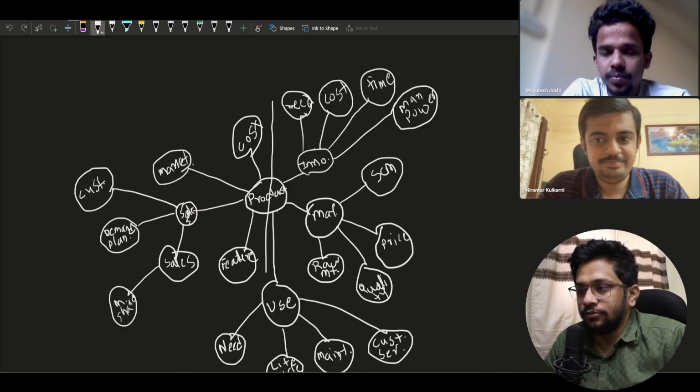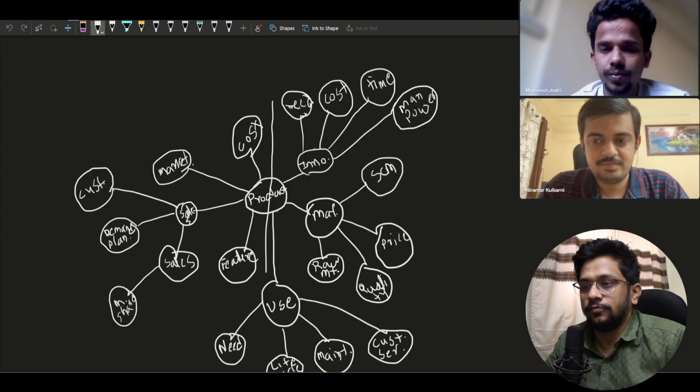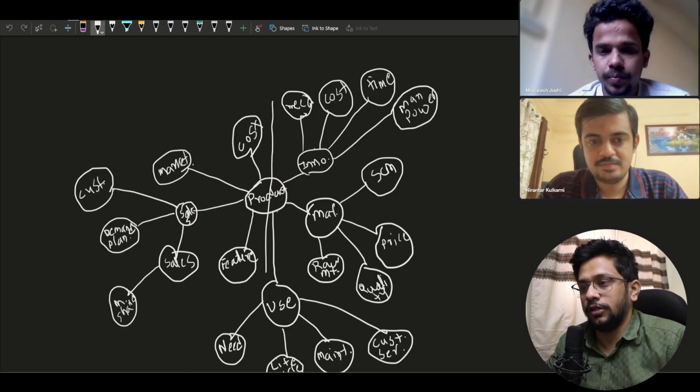For the next video, you guys pick one word each and then try to create this kind of map on your own, and then we will try to articulate what is missing and what points you can build upon into layers. So what will you pick, Mairish?